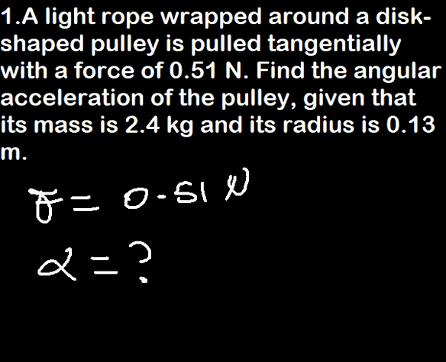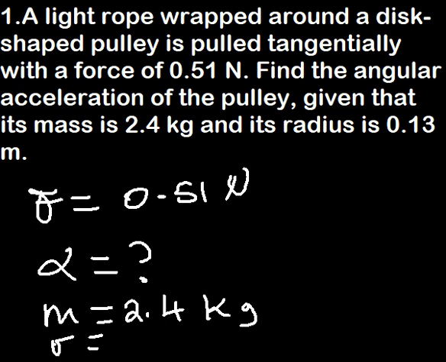Given that the mass is 2.4 kgs, and always the mass has to be in kgs, and the radius of the buoy is given as 0.13. Now how should we get the angular acceleration in this case?